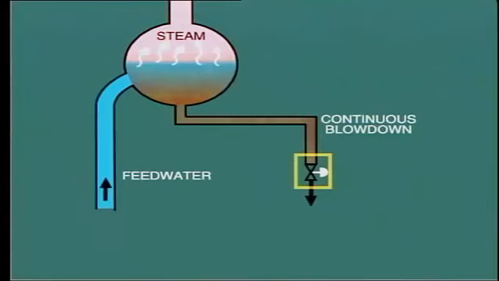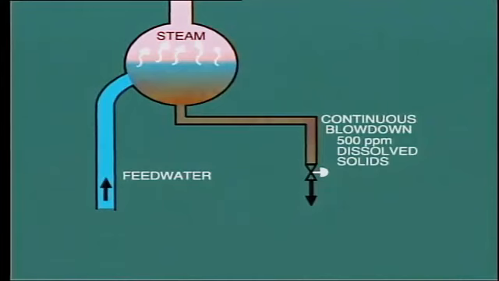But how can this reduce the concentration of solids in the boiler water? Well, remember, the blowdown water may contain 500 parts per million of solids, and this is replaced by boiler feed water, which contains perhaps 5 ppm. The result then is dilution, with a consequent reduction in total solids concentration.